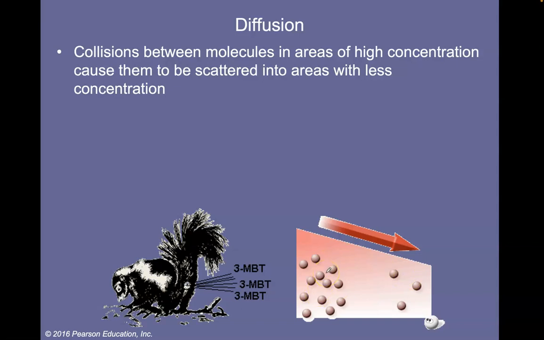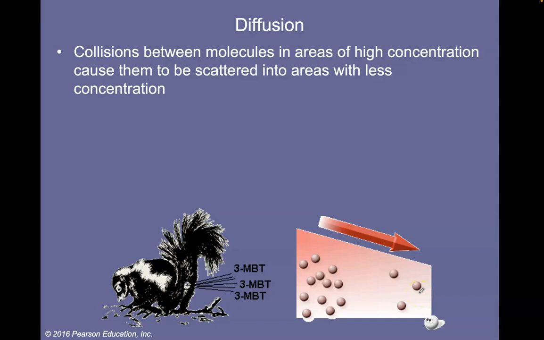What happens is they're constantly moving around. We think of the air above us as stagnant, but it's not at all. Those molecules are constantly moving around and colliding with each other, and they're going to move from a high concentration down to a low concentration, which you all intuitively know.